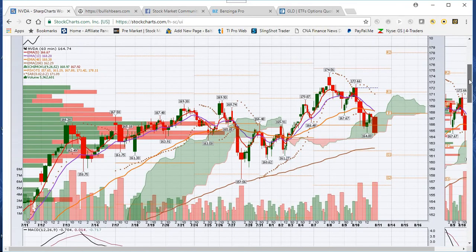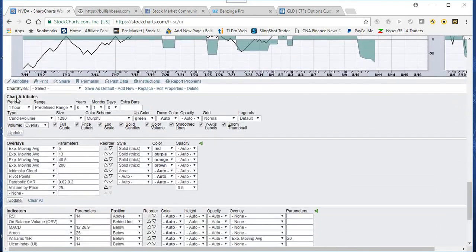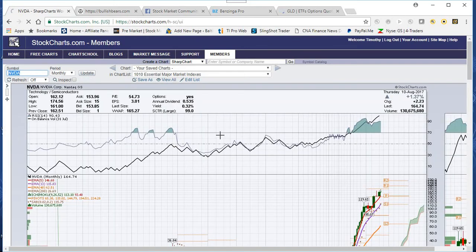NVIDIA has been on fire, and I'm gonna show you guys a longer term chart so you can get the overall view of what's going on with NVIDIA, and what we can expect, because nothing goes up forever.